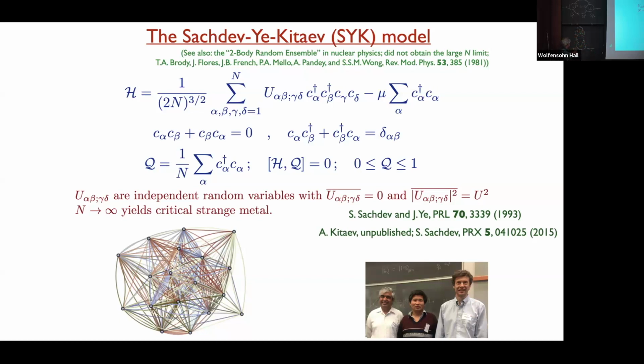So alpha and alpha prime could both be equal to gamma, and that would work. Then it's non-zero. But now you notice you have 1 over N to the 3 halves here, and 1 over N to the 3 halves here, but you only have a sum over beta and delta. That gives you N squared. So the whole thing is down by about a factor of 1 over N.